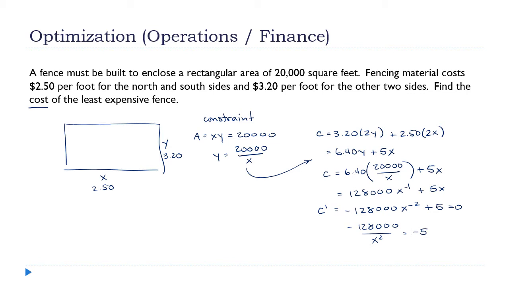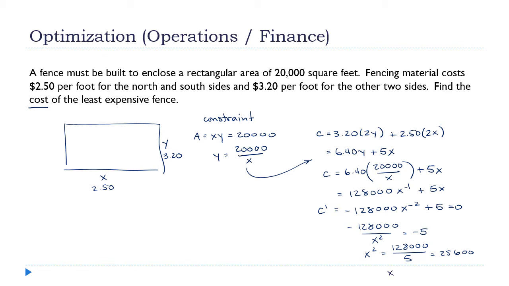All right, so now let's see. Cross multiply and then divide. So x squared equals 12,800,000 divided by 500. See, that is 25,600.